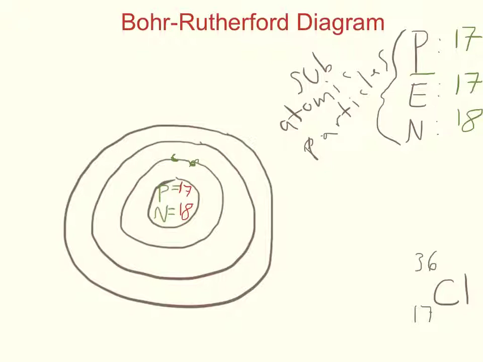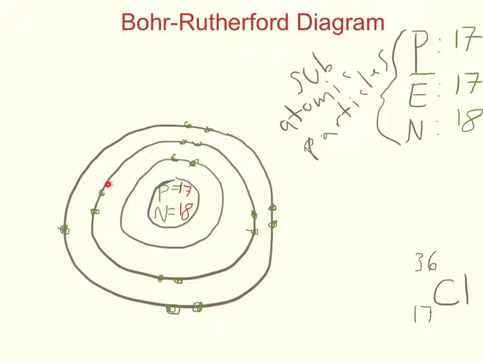So there's 2, so we need 3, 4, 5, 6, 7, 8, 9, 10. So that's only 10 out of 17 electrons. So we need to keep going to the next orbit, which is the outermost one right now, which is called the valence orbit. So we go now and we add 10, 11, 12, 13, 14, 15, 16, 17.